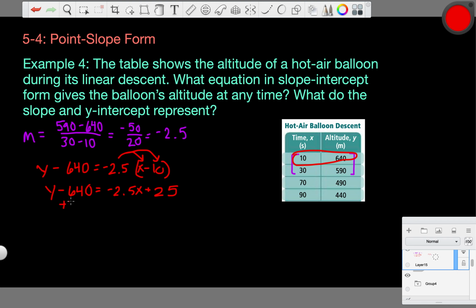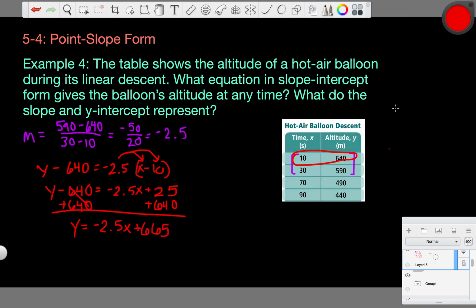Last step, we want to get y alone for slope-intercept form, so we add 640, and we get that y equals negative 2.5x plus 665.